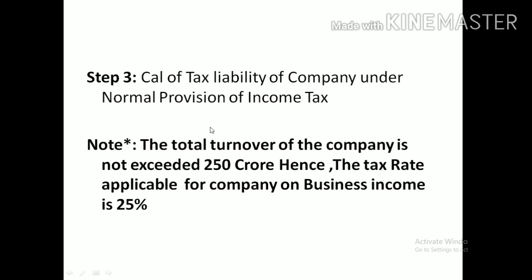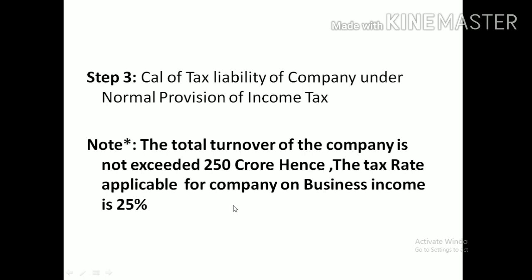See that while calculating the tax liability of the company under normal provision. Okay, please observe this note. If the total turnover of the company does not exceed 250 crores, in that situation the normal tax that is applicable is 25%.